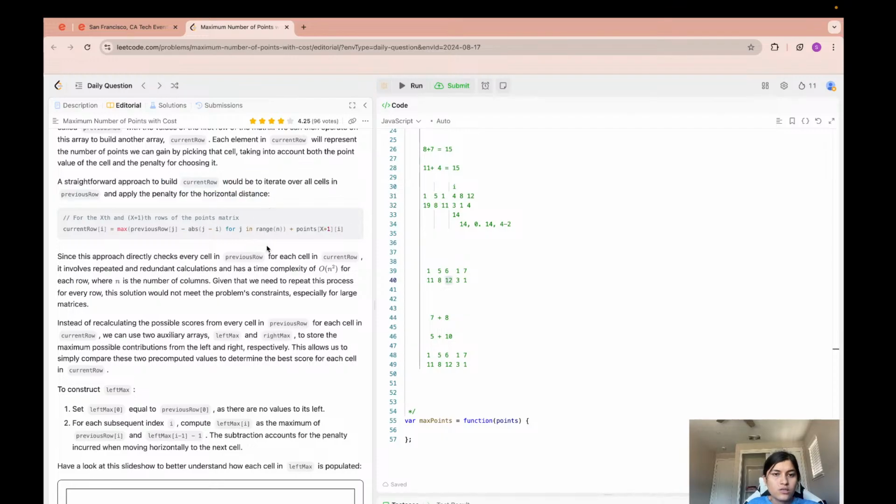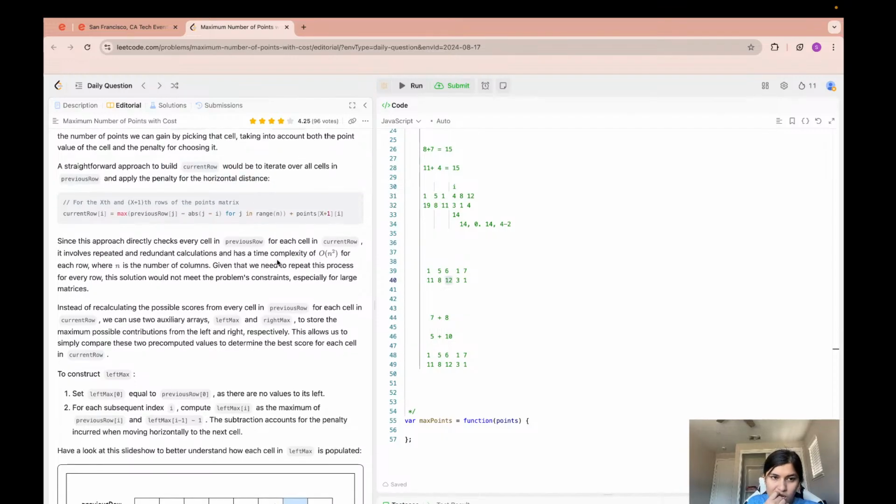We iterate over all the cells in the previous row and apply the penalty for the horizontal distance. So building the current row means iterating over all cells in the previous row and applying the penalty for the horizontal distance.